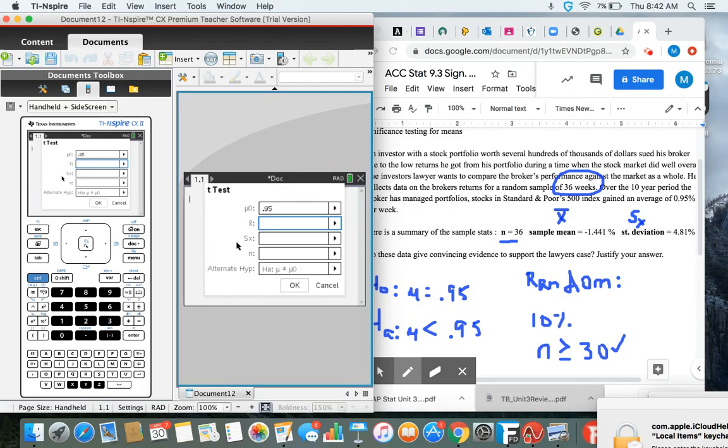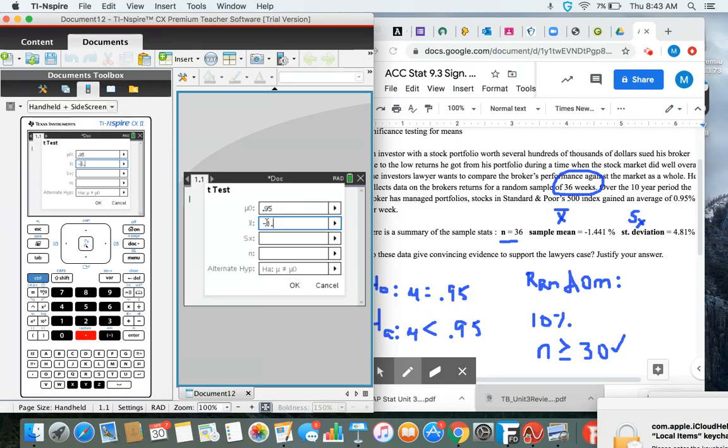Now, that was 0.95%, meaning, you know what? We could keep it in there as that, or we could change it to a decimal. It wouldn't matter as long as we're consistent with it. So if I just keep this as 0.95 and don't convert the percentages to decimals, as long as I'm consistent, it shouldn't matter.